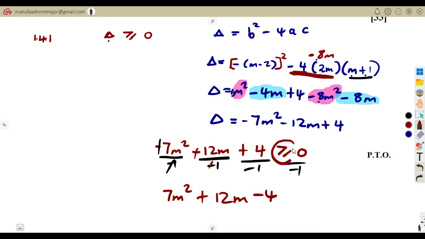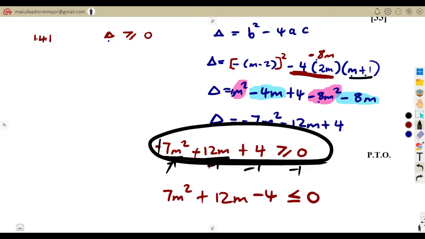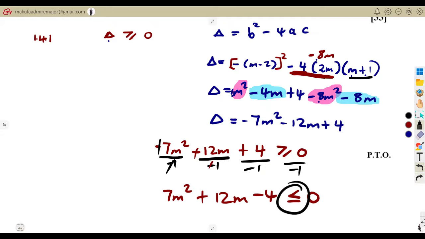The inequality sign is going to reverse. Inequality sign reverses. So if it is like this, it means our inequality has changed. There was an inequality that you had before, but now the inequality sign has changed. Take note. This is what you're now solving.